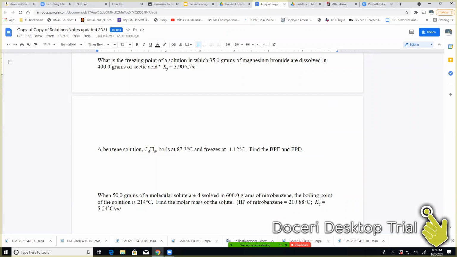So what is the freezing point of a solution in which 35 grams of magnesium bromide, I is equal to 3 because 1 magnesium and 2 bromides, are dissolved in 400 grams of acetic acid? So acetic acid is my solvent, so I'm going to change that to kilograms, just while I'm thinking of it.